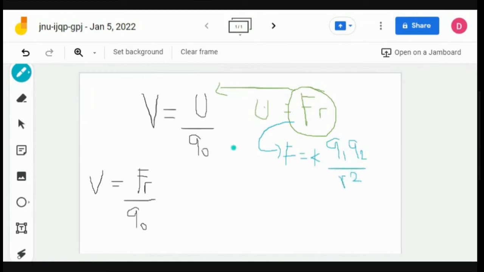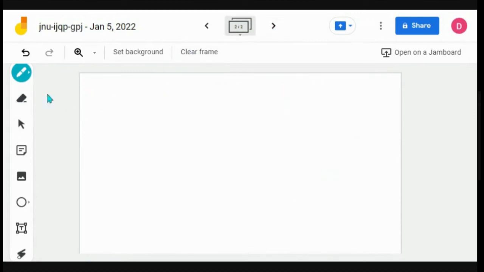Okay. Now, we have here an equation for F. We can substitute this equation to F here. And how do we do that? We can write it as V is equal to K Q1.